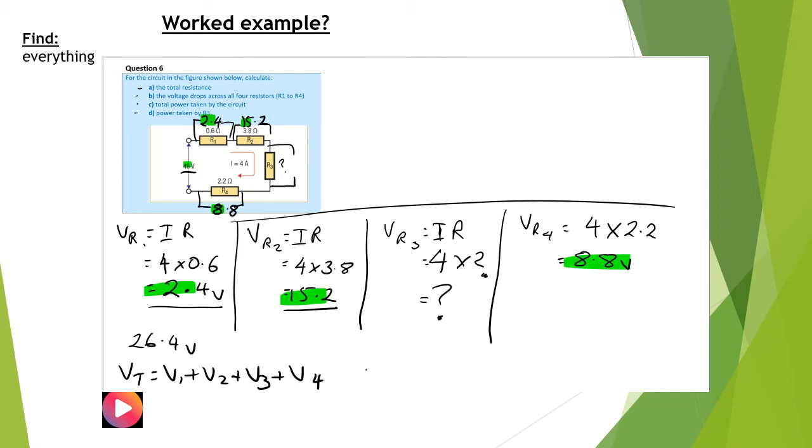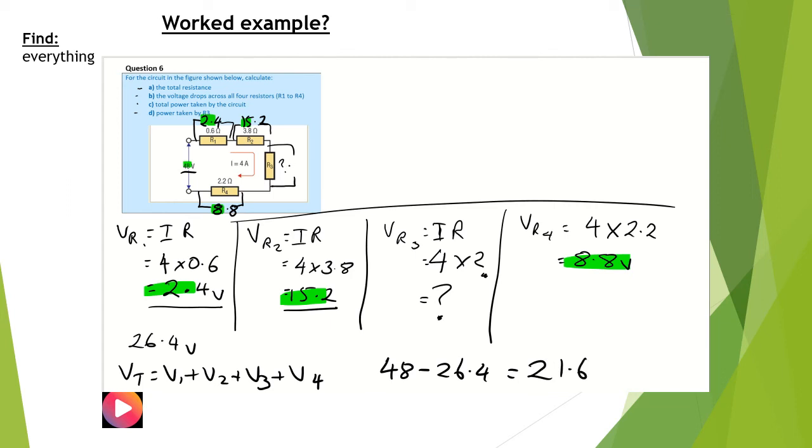So therefore, if we muck around with this formula and so on, 48 minus 26.4 equals 21.6.